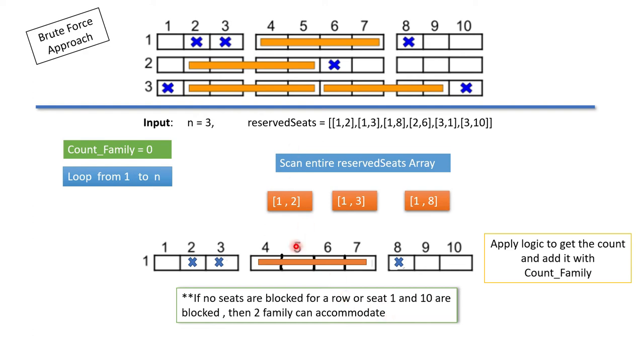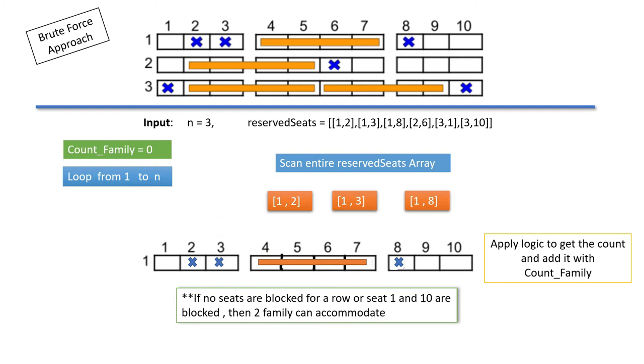Or else if seat number 1 and seat number 10 are blocked, and apart from that all the seats are empty, then also a maximum of 2 families can sit, because a non-blocked row and a row with 1 and 10 blocked are similar, since 1 and 10 are not playing any role here. So if no seats are blocked for a row, or seats 1 and 10 are blocked, then 2 families can be accommodated. This thing we have to consider.